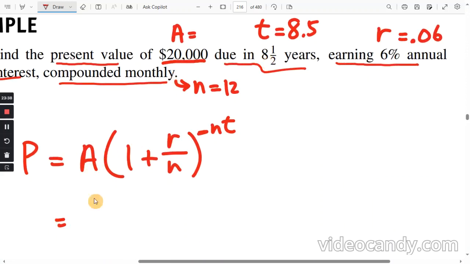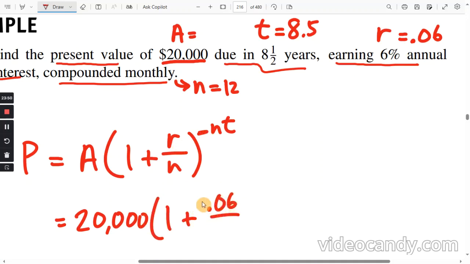A is 20,000, and that's going to be times 1 plus R, which is 0.06, divided by N, which is 12, to the power of negative N, which again is 12, times T, which is 8.5 years.